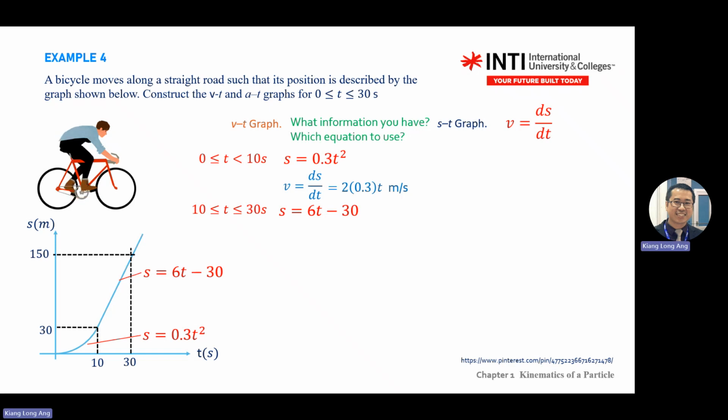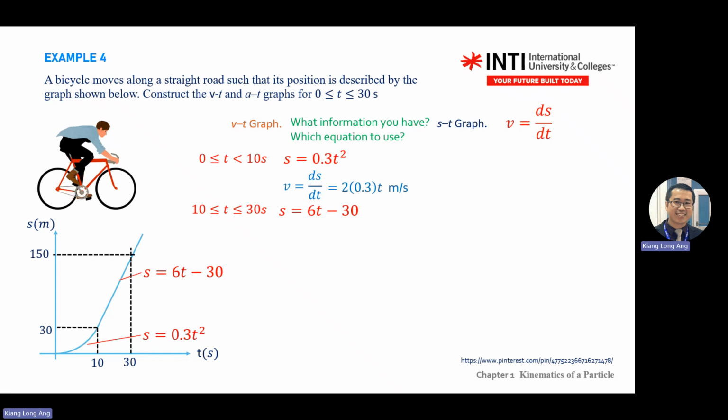The v-t graph, in the form y equal to mx plus c, from 0 to 10 seconds by using the mx plus c equation in this graph. So you substitute 0 here, you get 0. You have 10, right? Substitute 10 here, you get 6.